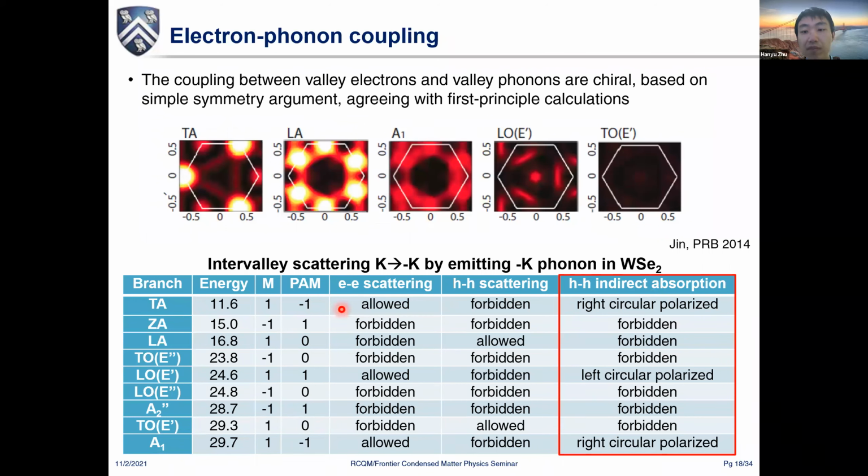These rules are derived from symmetry only, but we can also use first principle calculations to verify that indeed some scatterings are allowed, whereas some other scatterings are forbidden.